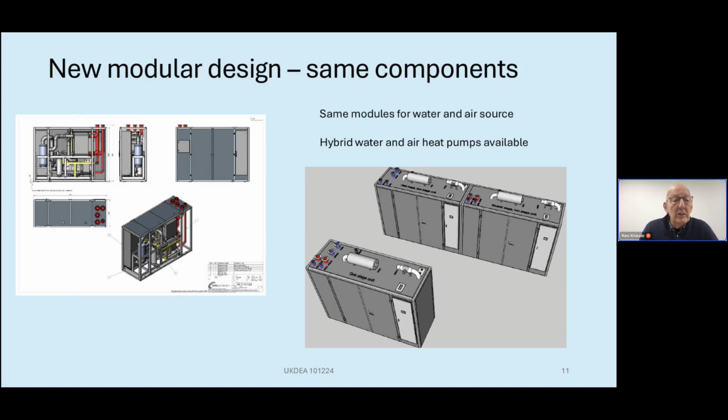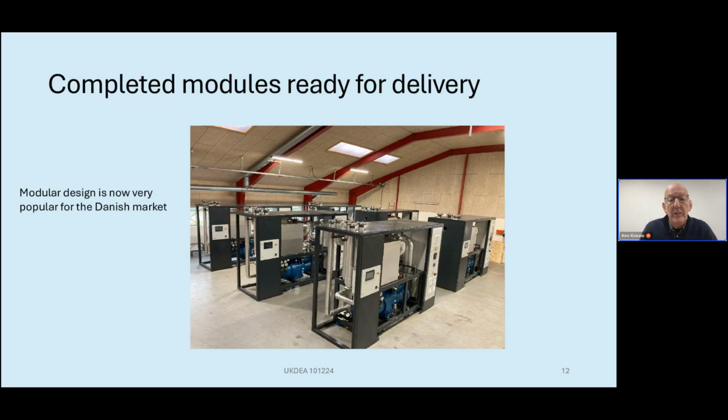That's what a module looks like. All the same dimensions, 3.7 meters long, 2.8 meters high, 1.4 meters wide. And we can have one unit for a small heat pump, or we could have multiple modules to go up to 10 megawatt and beyond.